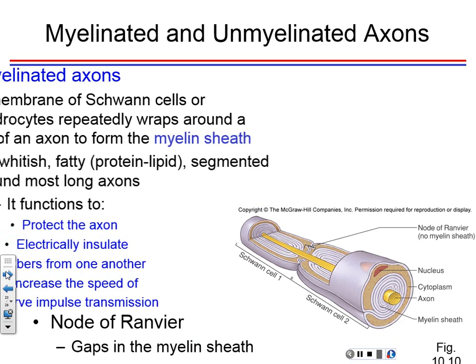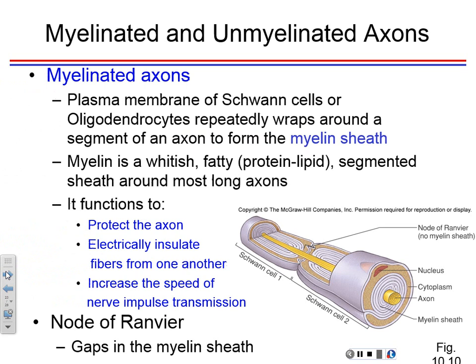Okay. So, like we talked about, myelinated axons. Myelination is a way to speed up transmission. We talked about how the plasma membrane of the cell itself, with some cytoplasm, will surround and wrap itself around the axon. The Schwann cell will be doing that in the periphery, and the oligodendrocytes will be doing that in the central nervous system. That part that is covered by the cell and a bit of cytoplasm is called the myelin sheath, and the myelin sheath will insulate.